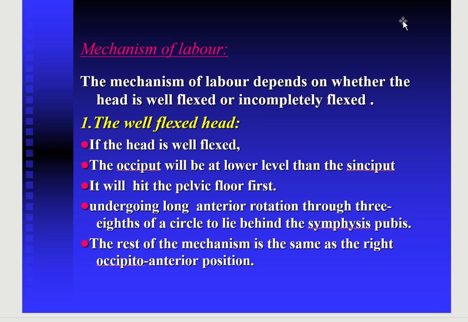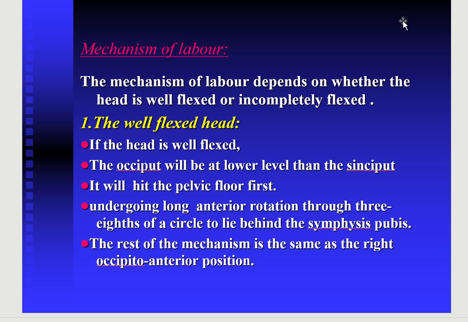The mechanism of labor in a case of malposition depends upon whether the head is well flexed or incompletely flexed. In a well flexed head, if the occiput is at a lower level than the sinciput, like normal labor, it will hit the pelvic floor first, then rotate anteriorly, but it will be a long anterior rotation, that is 3/8 of a circle.